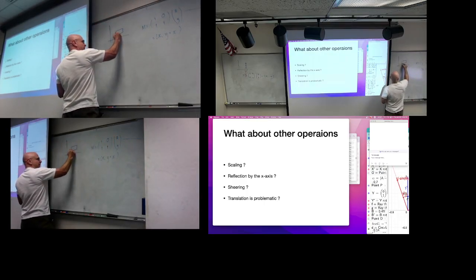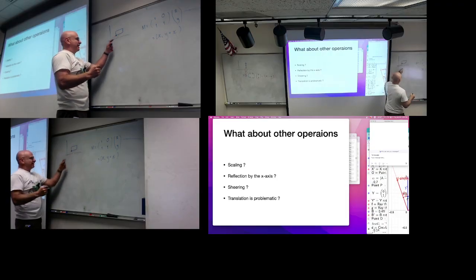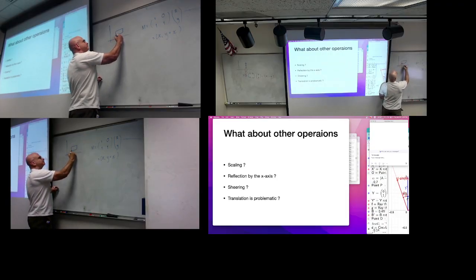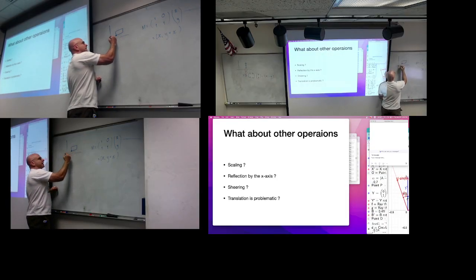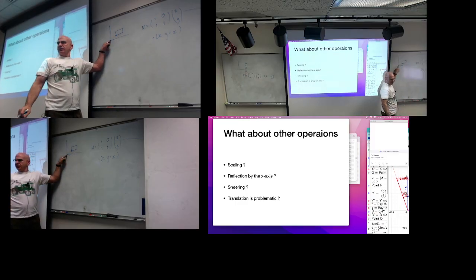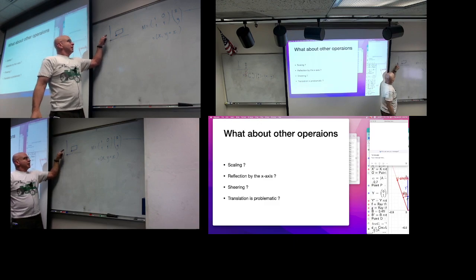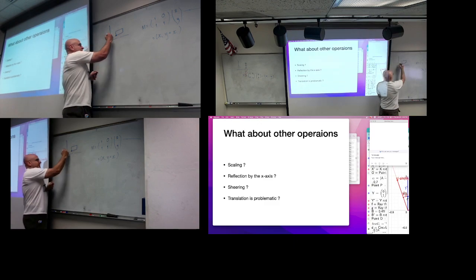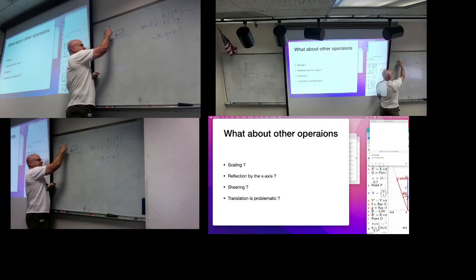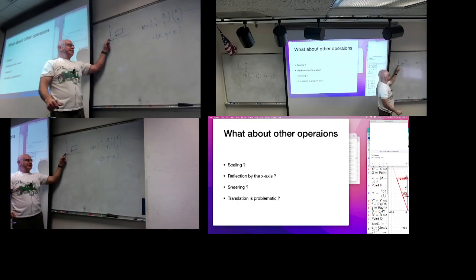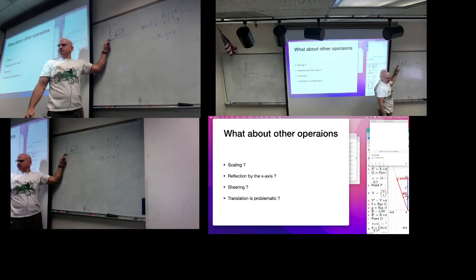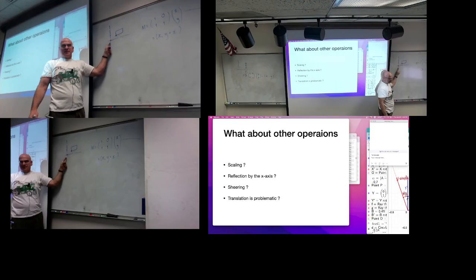So look at this point. Let's ask, what happened to 0, 0? 0, 0 doesn't go anywhere, it stays at 0, 0. Points that fall on the y-axis don't move at all because the x value is 0.